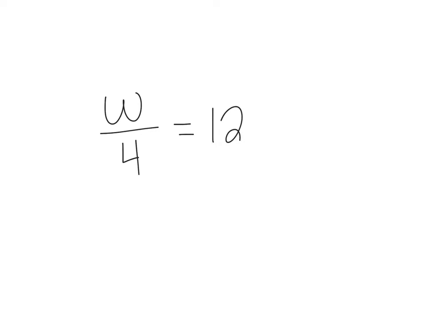If we had 4 divided by 4, those would cancel out. That leaves us with just w, which equals 12 times 4, which is 48.